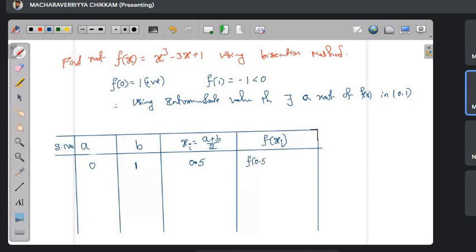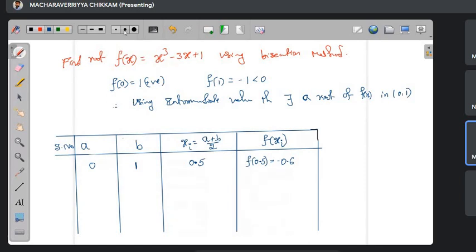But to avoid confusion, I'm writing f of 0.5, which is 0.5 cubed minus 3 into 0.5 plus 1.